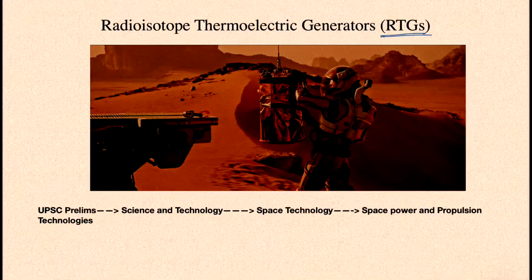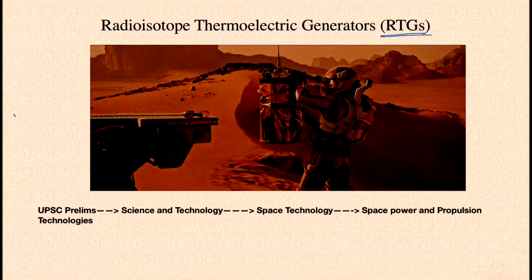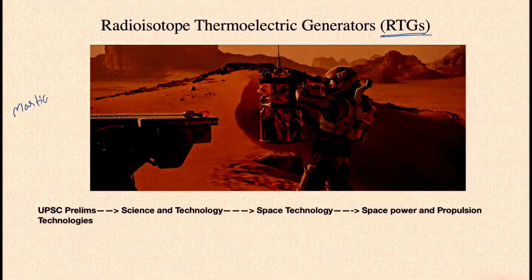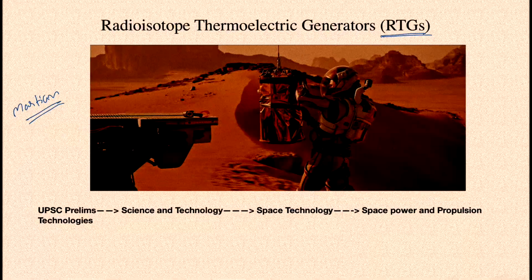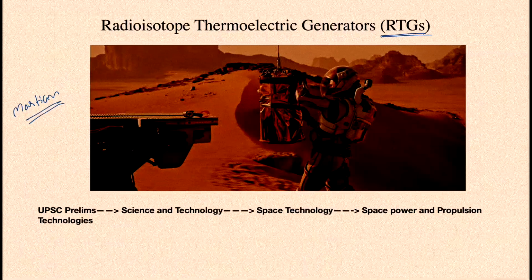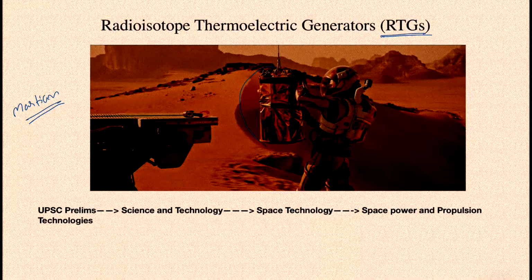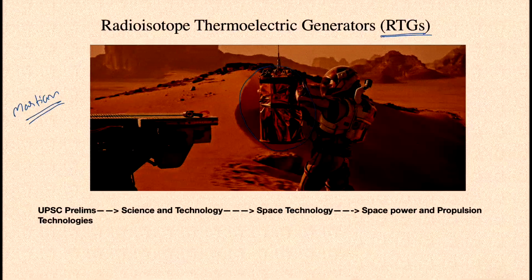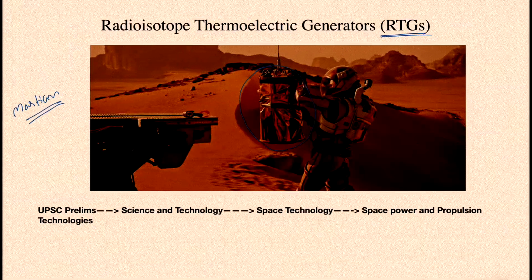I think most of us have seen the movie The Martian, a famous Hollywood movie, where the protagonist gets stuck on Mars, and at some point he uses this device to keep himself warm while surviving on that planet.